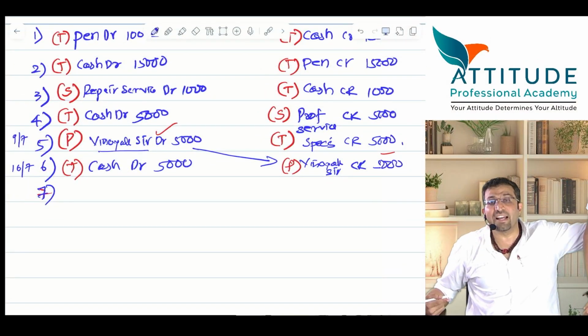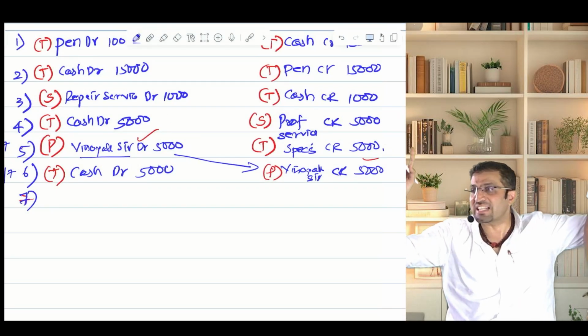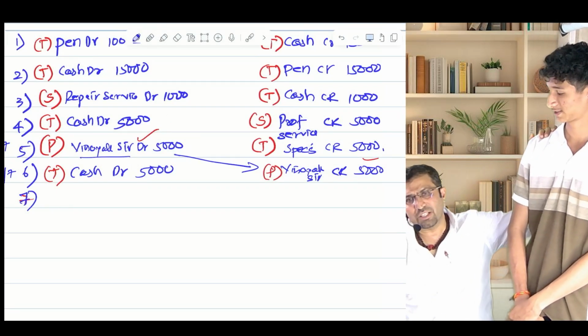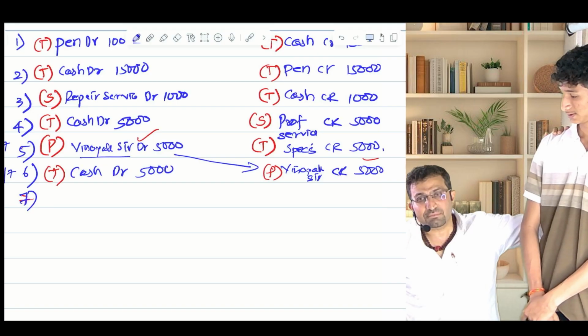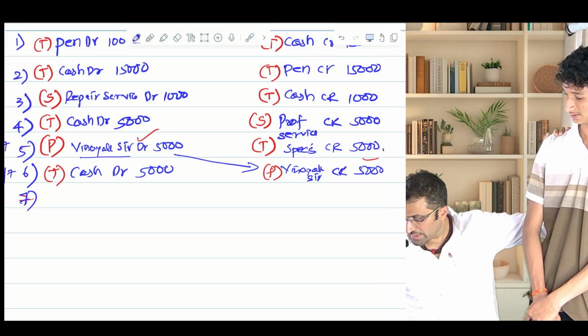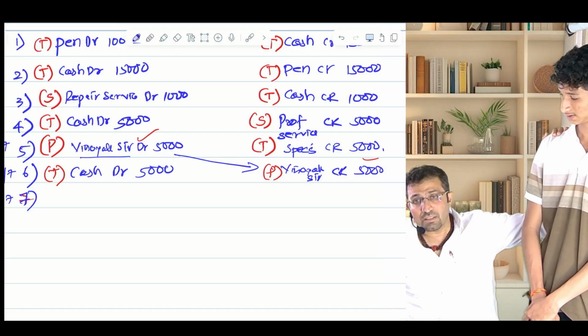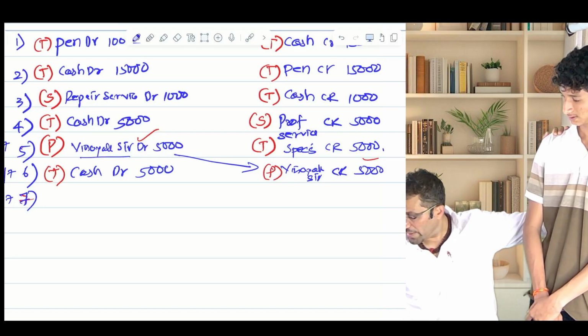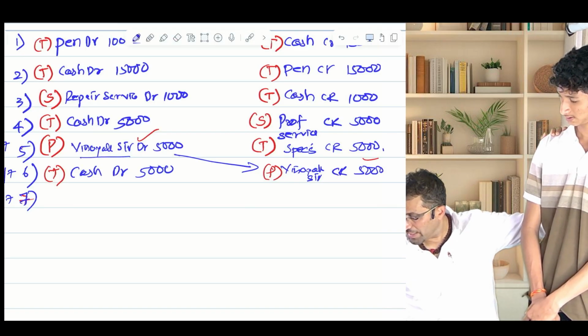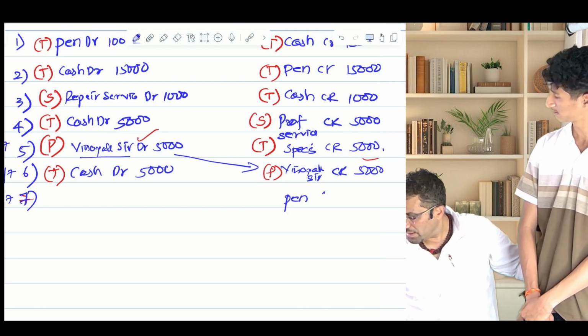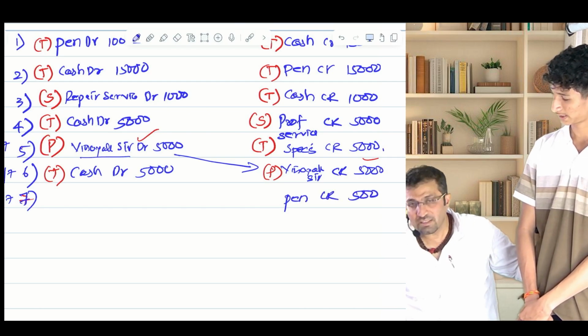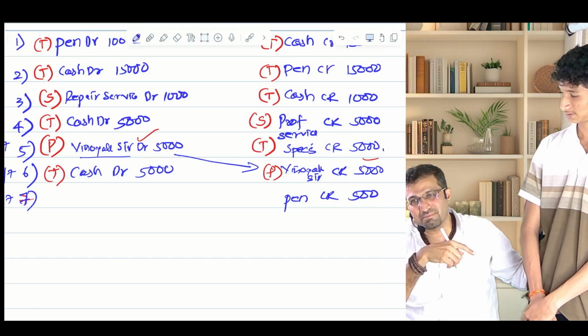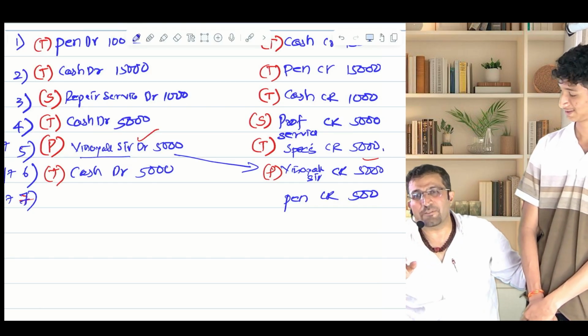You have sold him, let us say you are a dealer in stationery, you have sold him some pens on, let us say 16/7. Okay, so what have you given him? Pen. बराबर है ना? Pen credit 500 rupees. You know him, so you have not taken the money from him now.